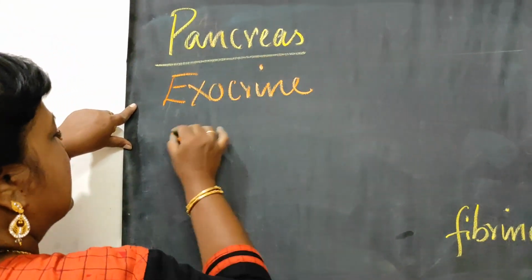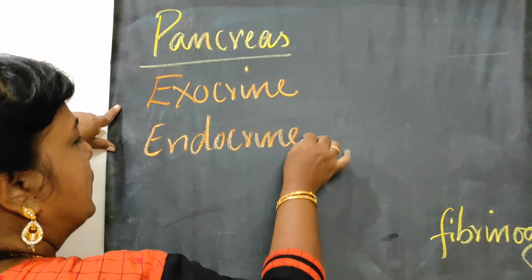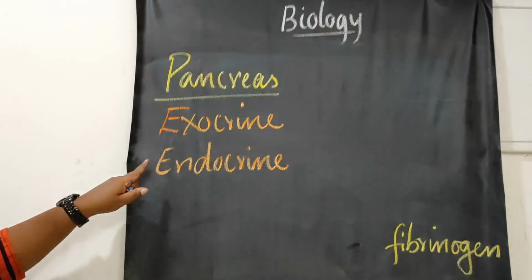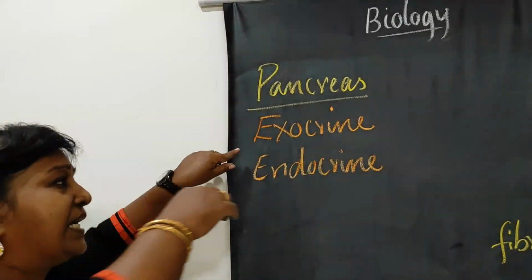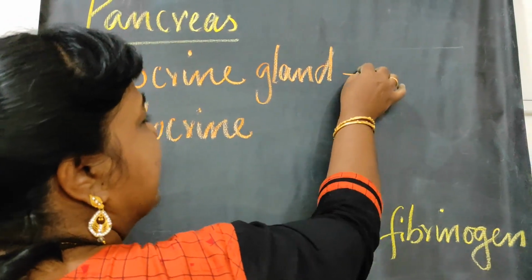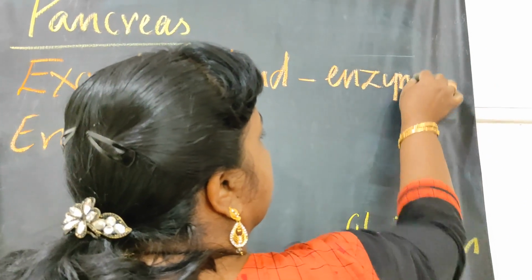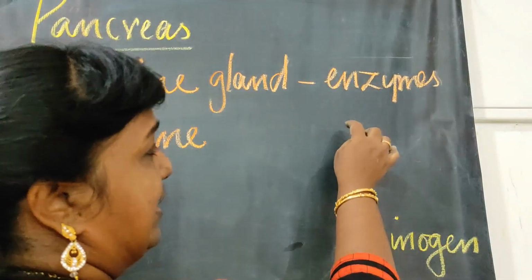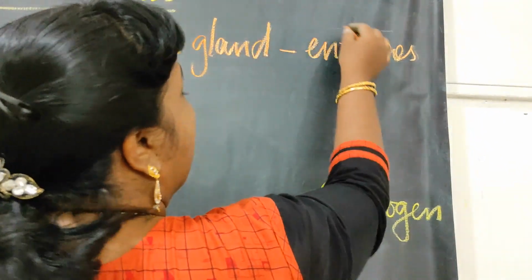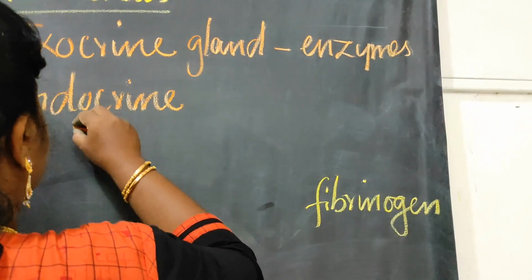In our body, the pancreas alone acts as both. Exocrine gland means they secrete enzymes like lipase, trypsin, etc., and they have a duct, so through the duct the enzymes are secreted.